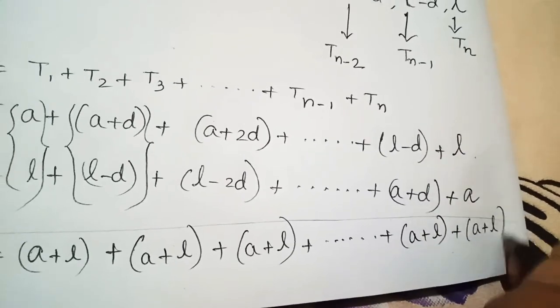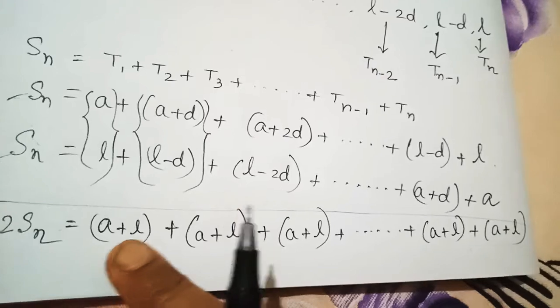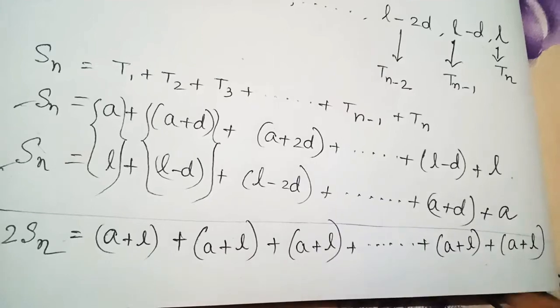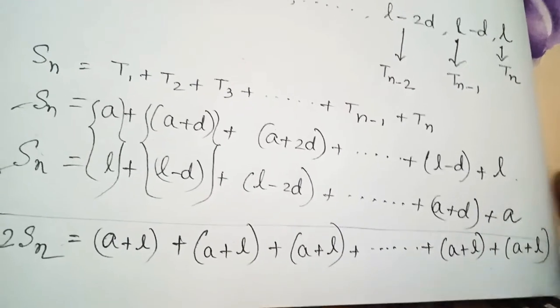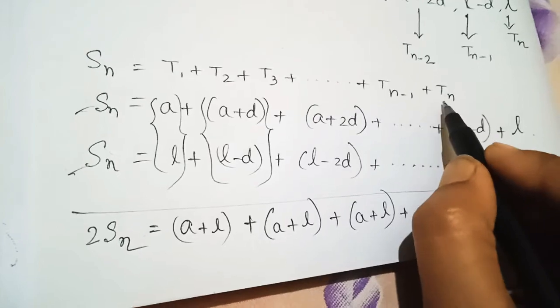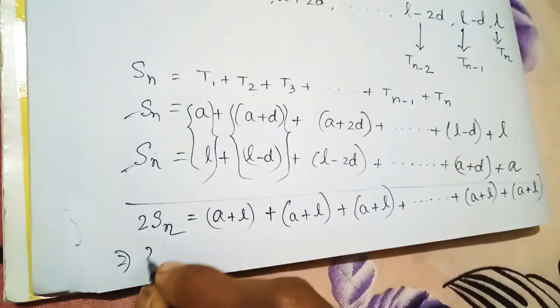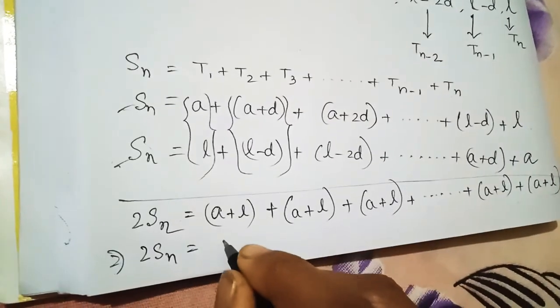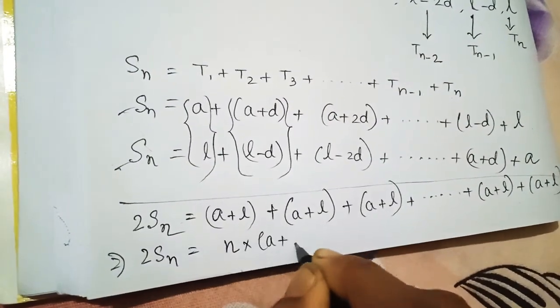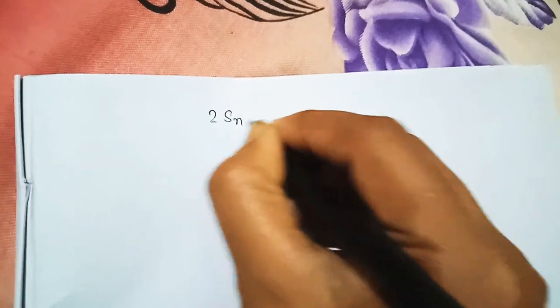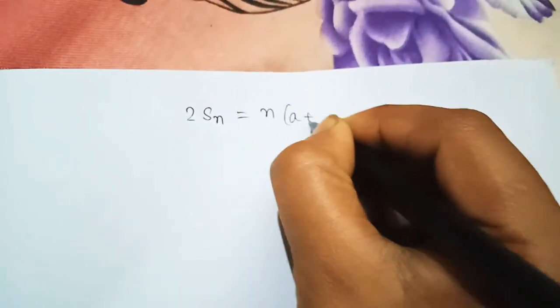Now the question is, how many (a plus L) have we got? The answer is as many as the number of terms we have taken. We have taken n terms, so we have n number of (a plus L). So we can write 2Sn equals n into (a plus L).